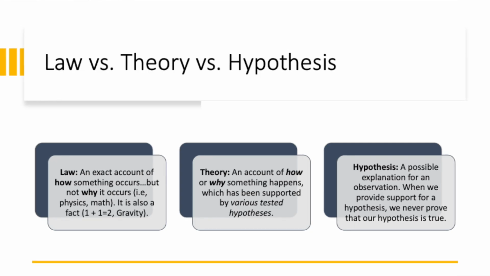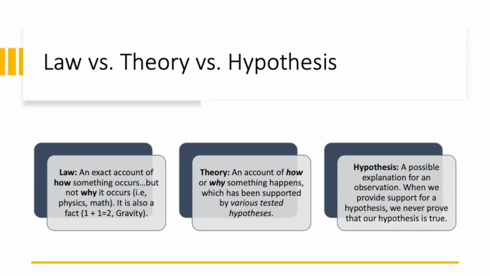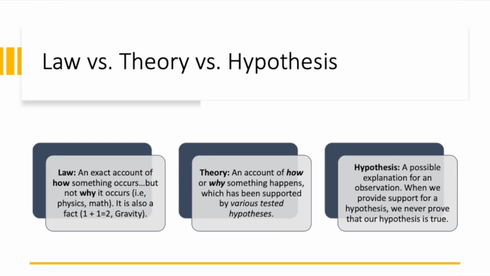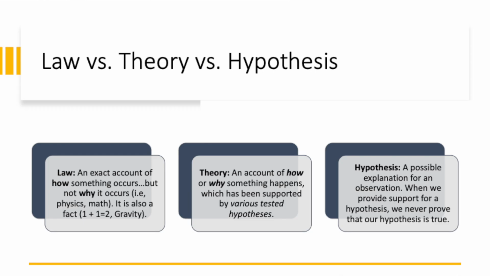A law is something like 1 + 1 = 2, because no matter what, that will always be true. So in psychology, we can never really be certain that what we find, our results, are true across all contexts. But that doesn't mean that the science isn't just as good. It just means that it gives us opportunities to always fine-tune and revise our theories.